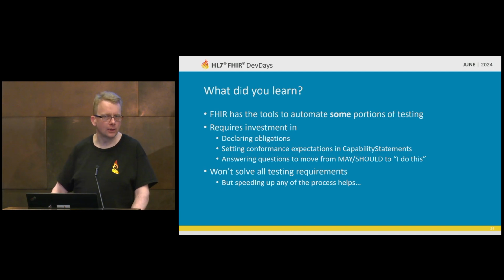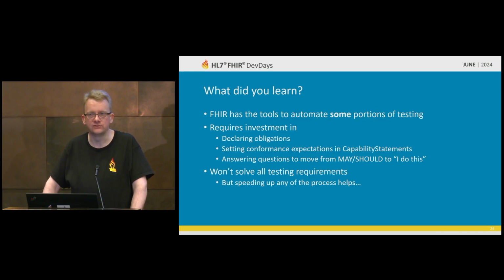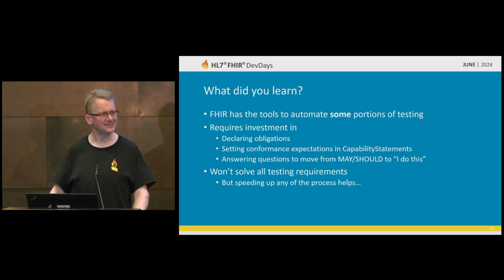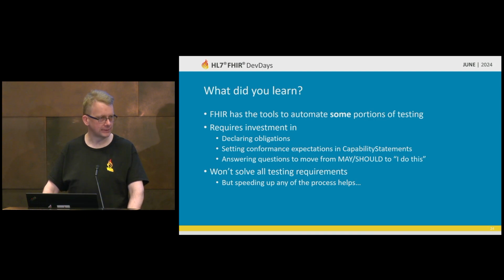We have the building blocks to do a whole lot more in terms of test script generation than we had previously. It's not going to cover everything, but even if we can point a tool at an implementation guide and say generate all of the easy tests, that gives people something to work with, and it also starts to set an expectation that implementation guides should have tests. And if you don't have tests, how come?